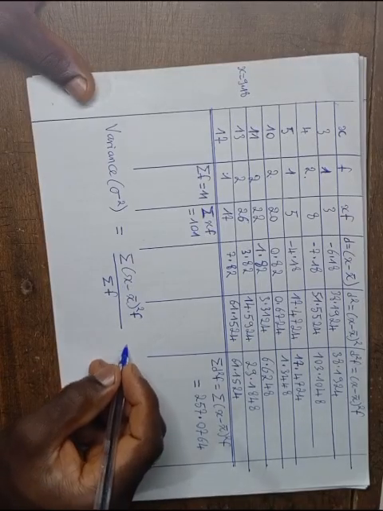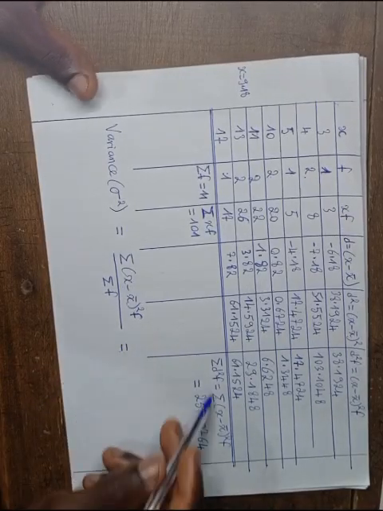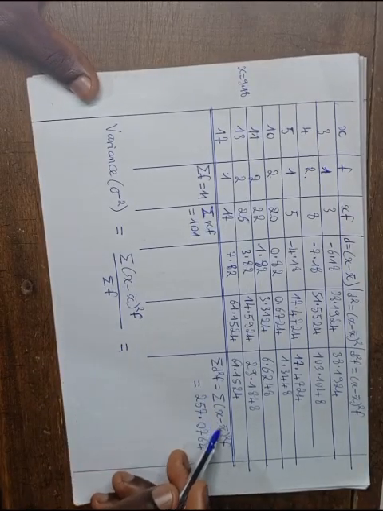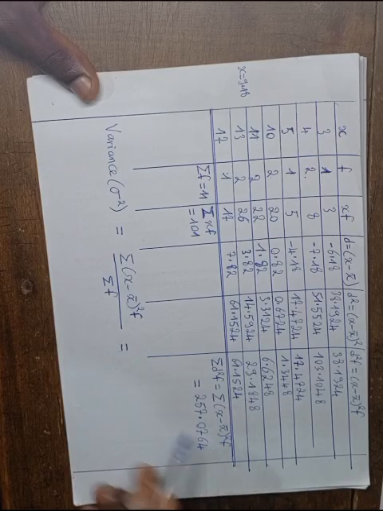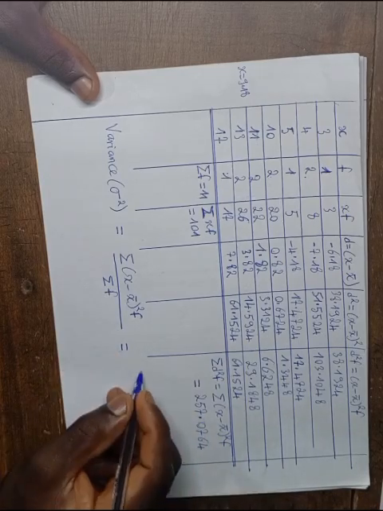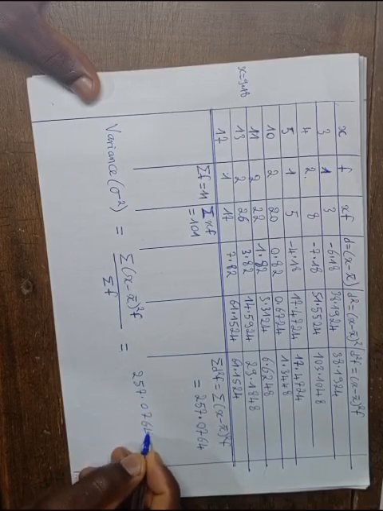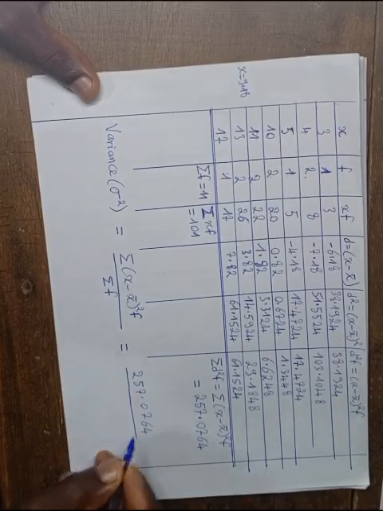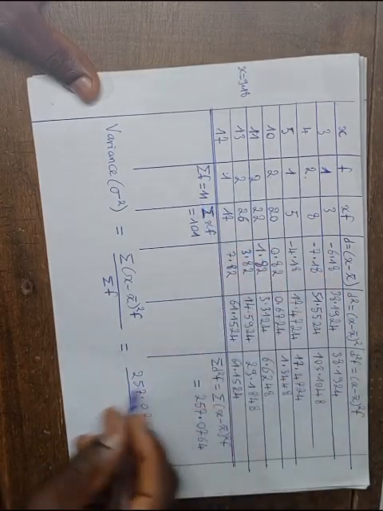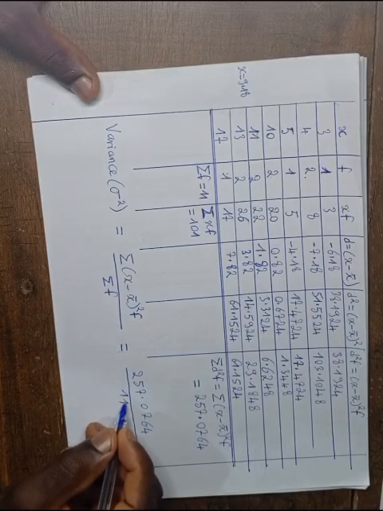So this will be equal to 257.0764 all over summation f, which is equal to 11.